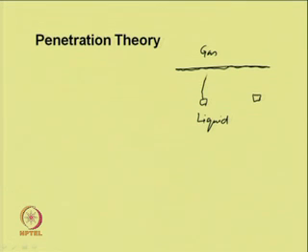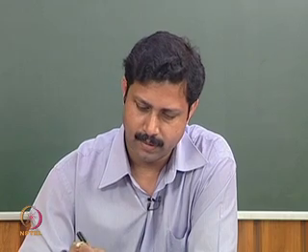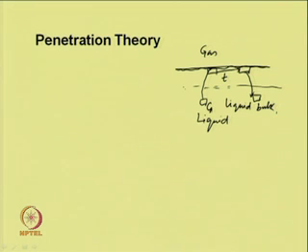Say this is the liquid element; it comes to the surface, travels its diameter, remains exposed to the surface for time t, and then returns back to the liquid bulk. The concentration of component A in the liquid bulk is CAB, the bulk concentration. At the surface the concentration of component A is CAI, the interfacial concentration, and the time of exposure is t.